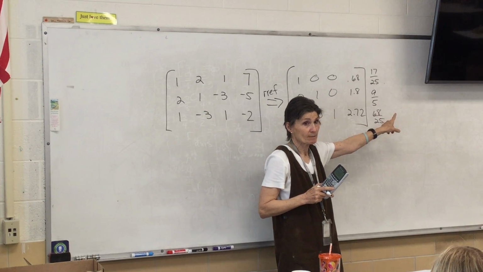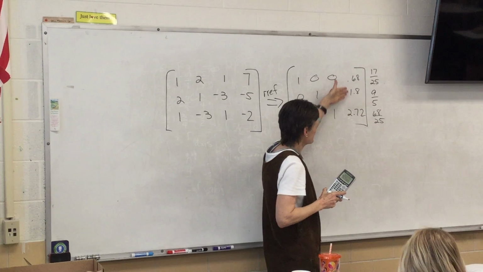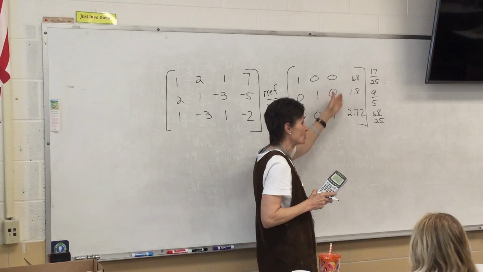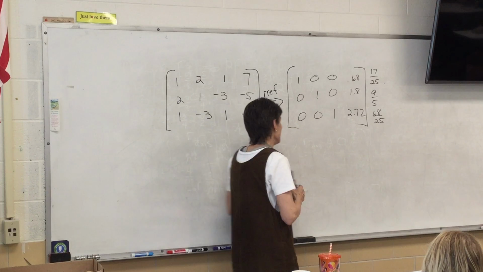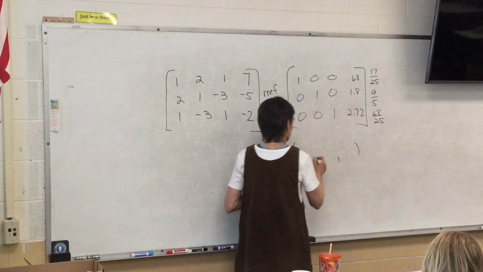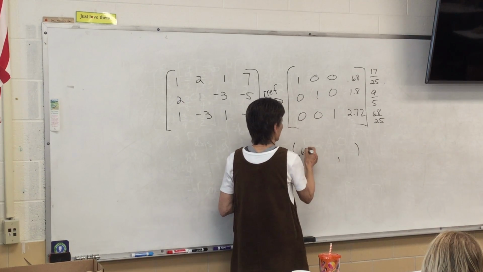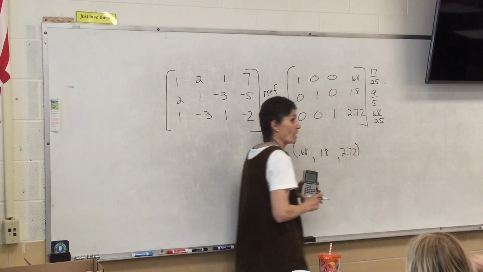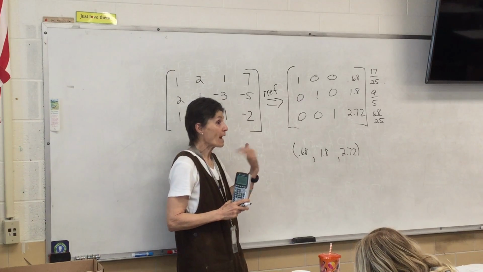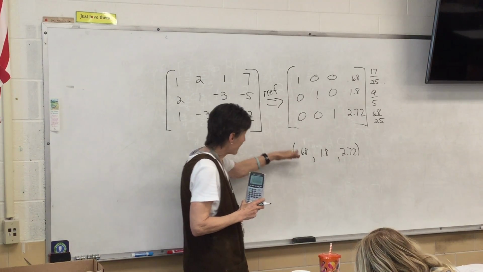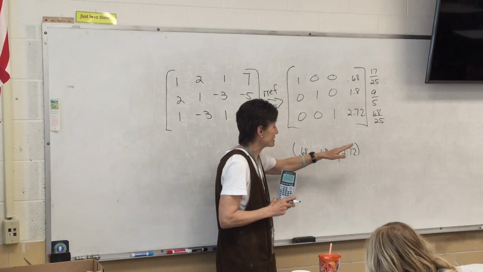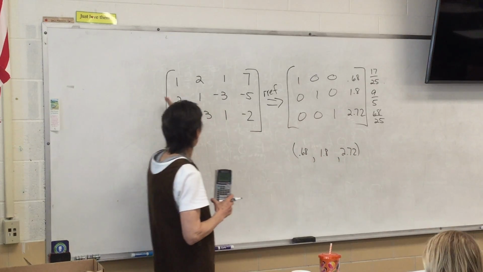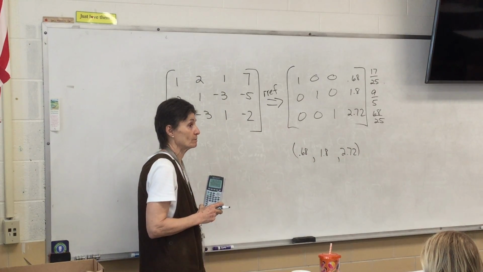Change them into fractions. But if they're nice terminating decimals like this, it's okay either way. And then you will write your answer as the ordered triple that it is, either using the decimals or the fractions. Because what you now know is, if I let x be this, y be this, and z be this, all these equations will work out.